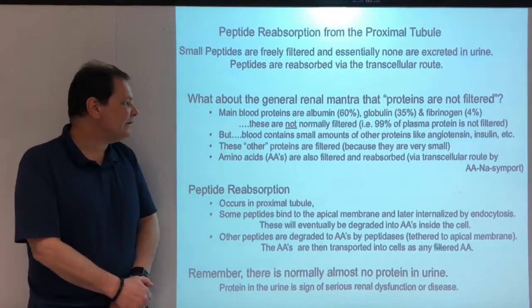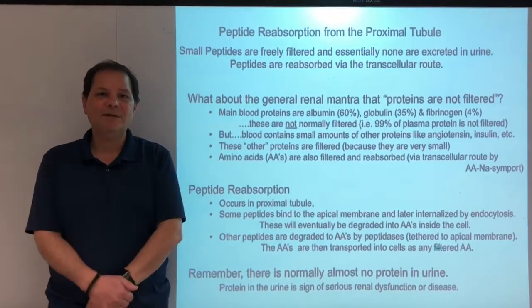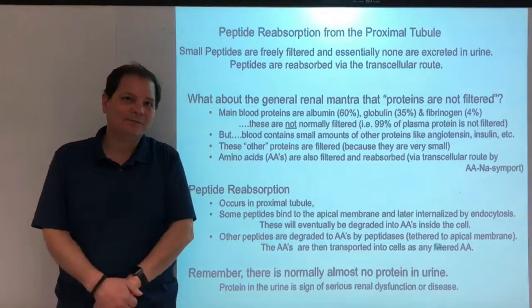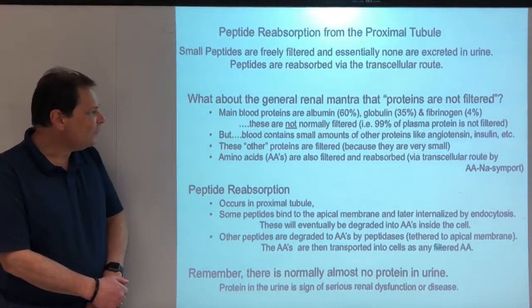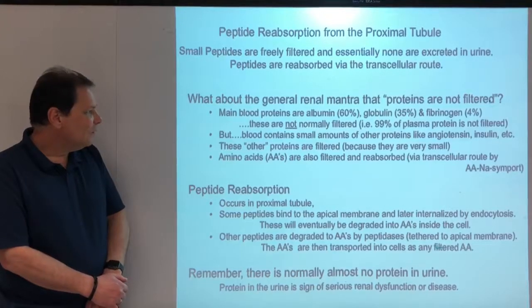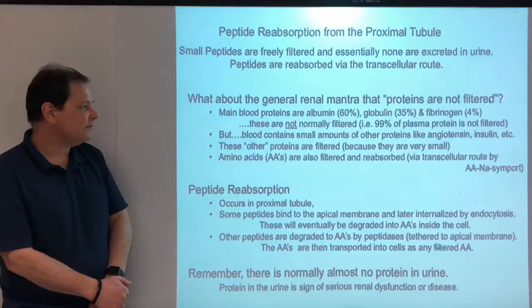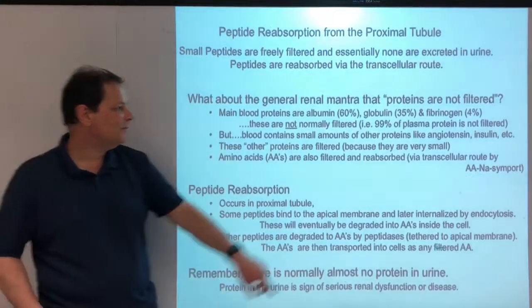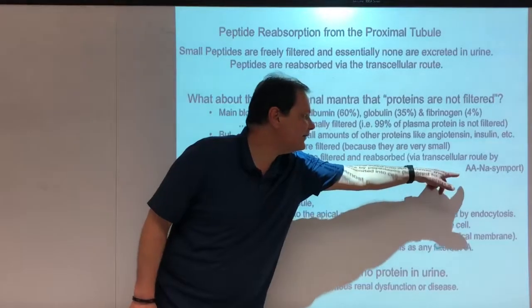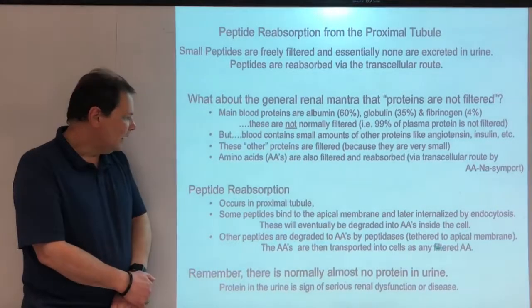So generally speaking, what happens is these are reabsorbed as amino acids. So you can retain the amino acids and not lose them. Amino acids are freely filtered, the peptides are freely filtered, and these are reabsorbed often through an amino acid sodium symport across the apical membrane.